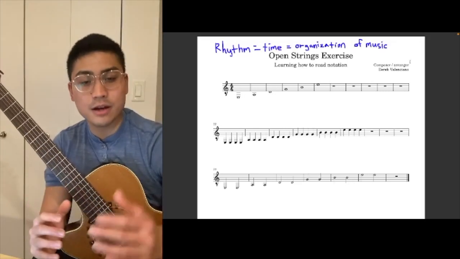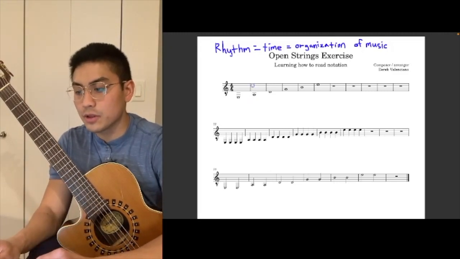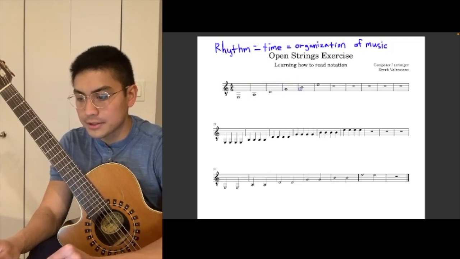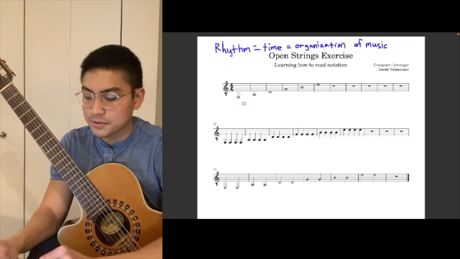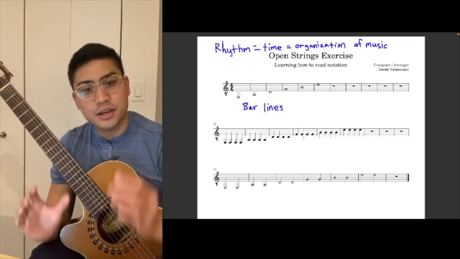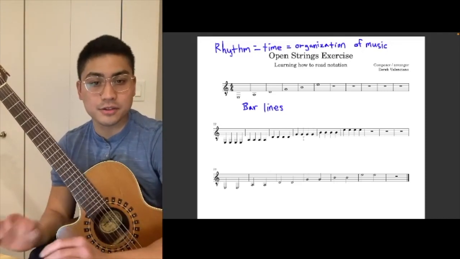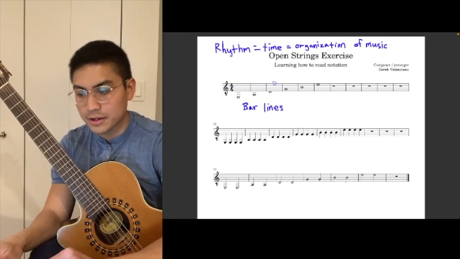So I'm going to break this down and make it really easy for you. Let's address these vertical lines. As you can see, our staff has these vertical lines, and these vertical lines are called bar lines. Now these bar lines just break up our staff and create smaller sections. These sections, as you can see, are these rectangles, and they are called bars.